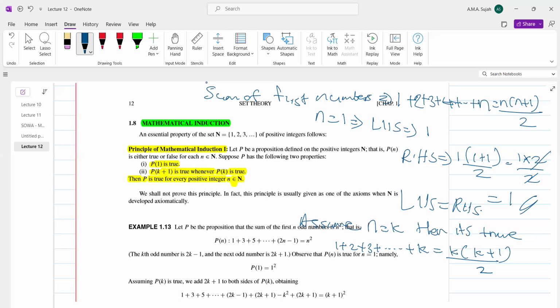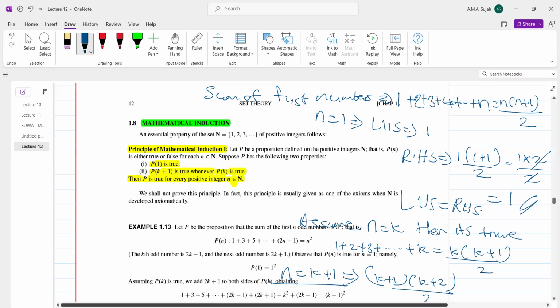Now we need to prove that if n is equal to k plus 1, it's true. For n equal to k plus 1, we need to get the equation k plus 1 into k plus 2 divided by 2. That is the thing we need to prove, right?